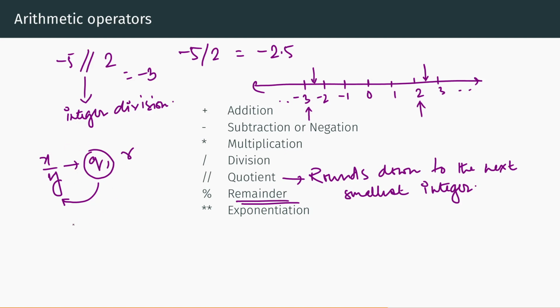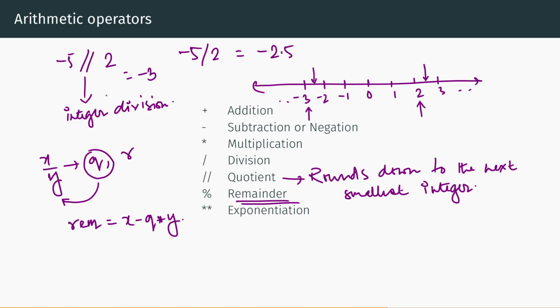So the formula is r, the remainder, let me call it rem for remainder, equals x minus q times y.